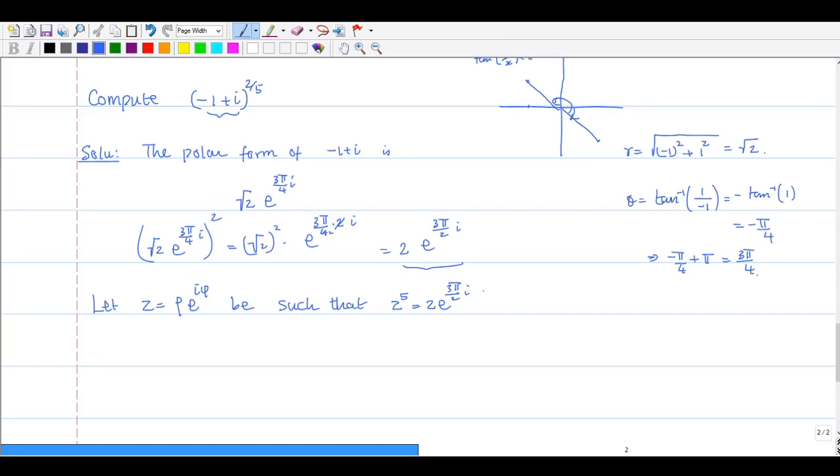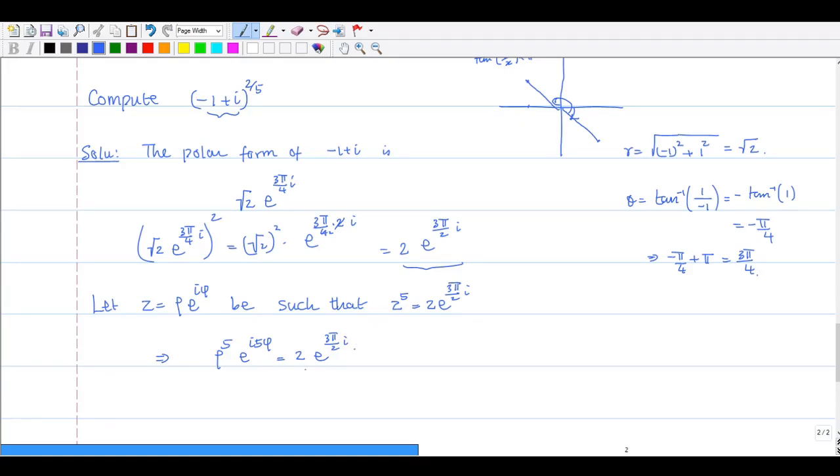Okay, so this implies that rho to the power 5 e to the power I 5 theta which is equal to 2 e to the power 3 pi by 2 i. So we are having this way.